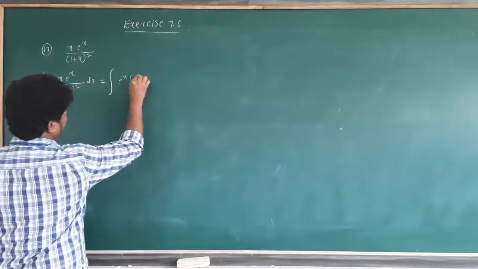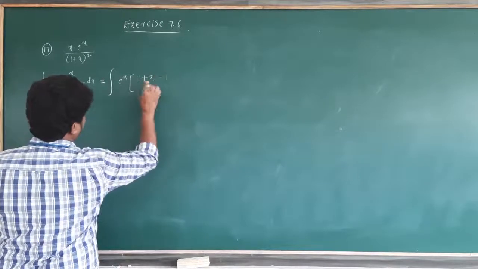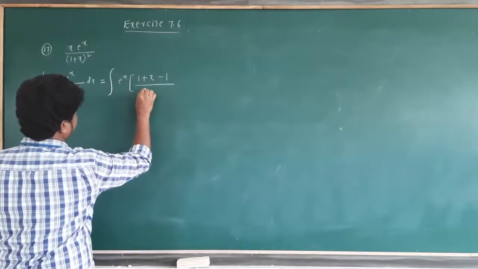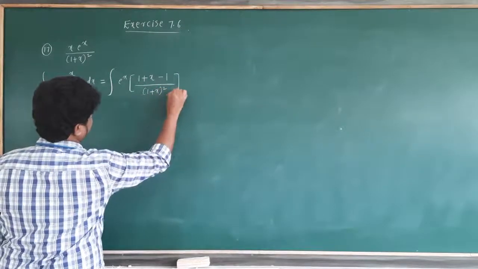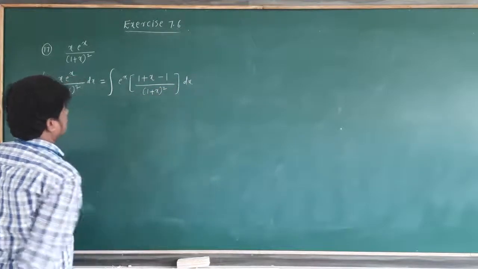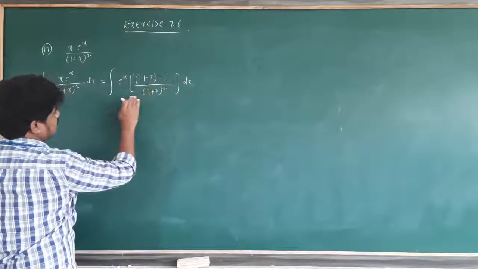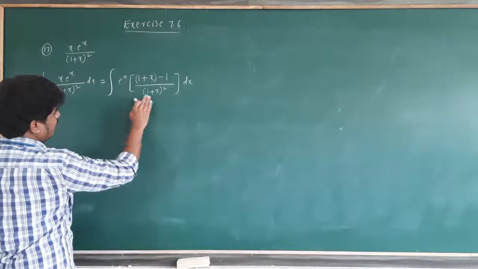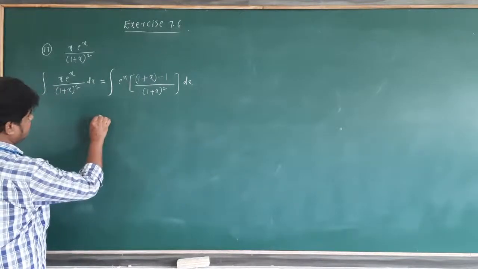Just add and subtract 1: 1 plus x minus 1, divided by 1 plus x whole square dx. Now take bracket for this. Split means take 1 plus x under 1 plus x whole square, and 1 under 1 plus x whole square.